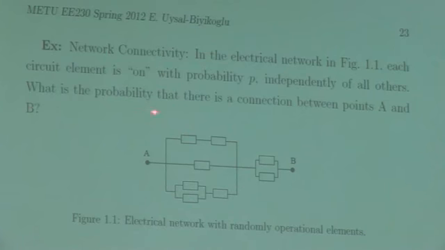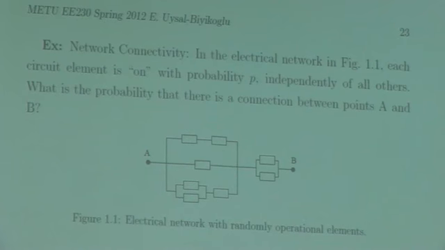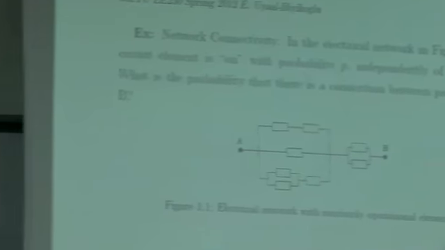So remember, each element is on with probability P independently of all other elements. What is the probability that the network is connected? That is, points A and B are connected. How would you approach this? So, let me maybe repeat, roughly sketch the figure over here.